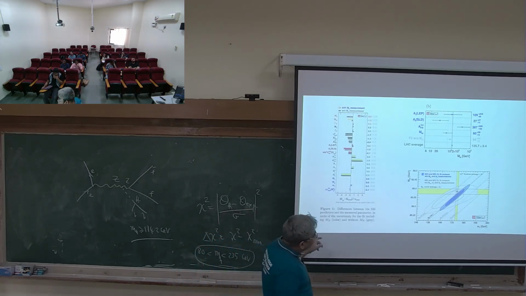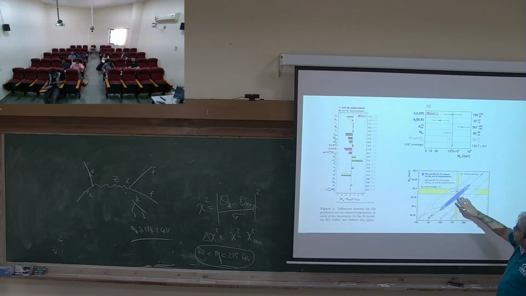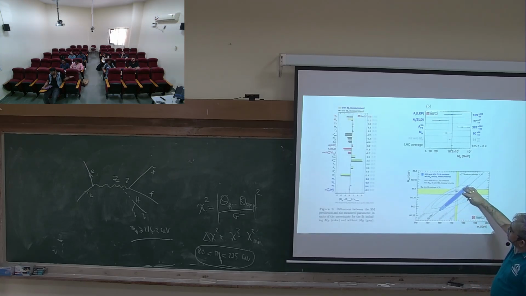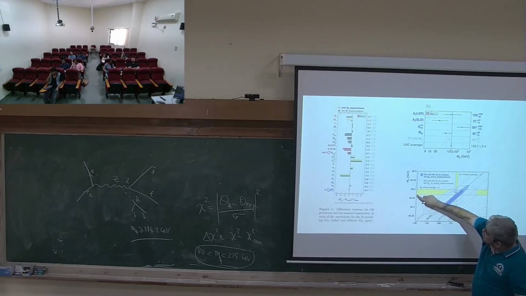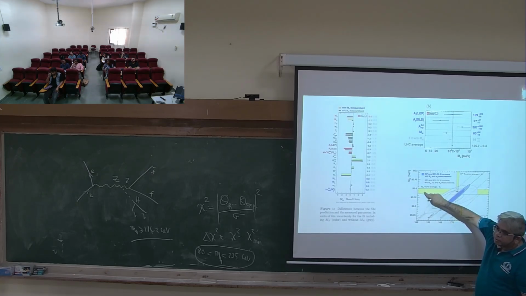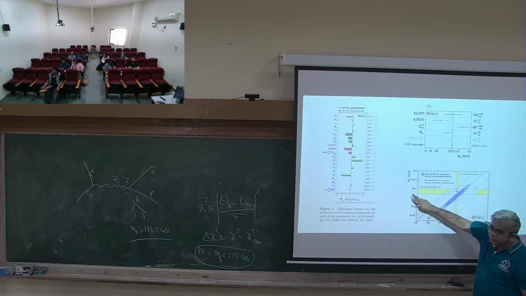Anyway, so now without going into the CDF thing, what is the measurement? And you see here there is a region between 0.4 and 0.37 essentially. This is the prediction of the electroweak precision test of the MW mass essentially at 1 sigma level.